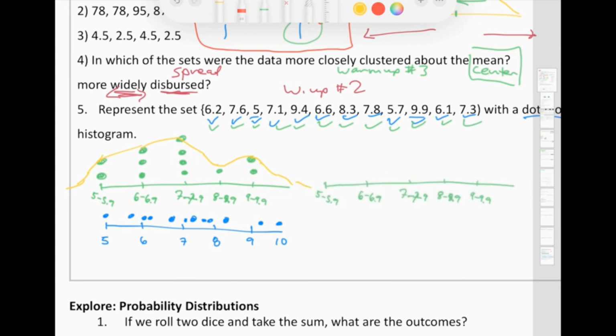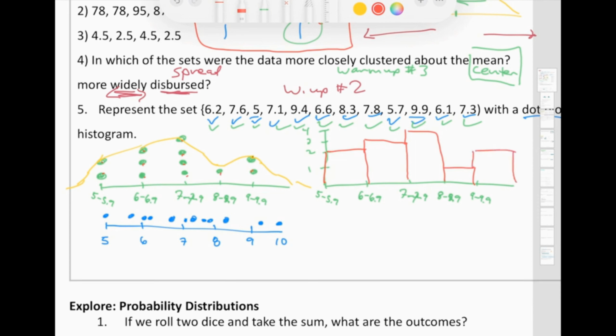Do you see that? 1, 2. And then in the 6.9 bin, there are 3. And then there's 4 over here. And then 1. And then the next bin there was 2.